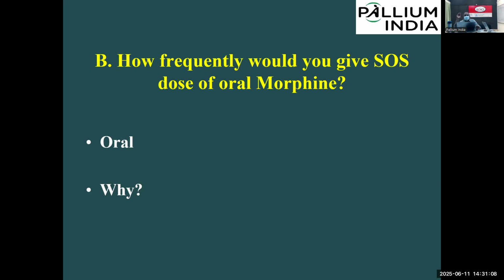The peak action of morphine is by 1 hour. Suppose a patient took morphine at 6 a.m. By 6:30 a.m. the patient says, "My pain is not relieved." Would you give morphine to that patient? No. Then when would you give morphine? After 1 hour, at 7 o'clock. So that's the answer here. How frequently would you give an SOS dose of oral morphine? Every hour you can give an SOS dose of morphine. Okay.